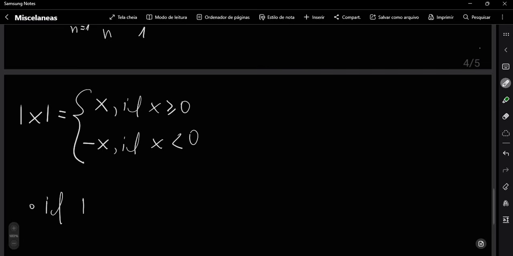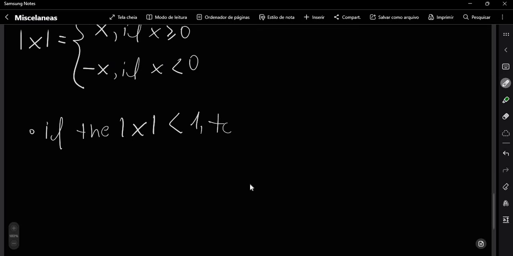So if the module of x is less than 1, it tends to 0.